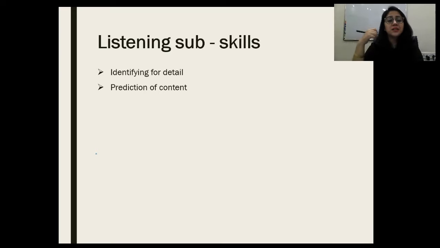By practicing many times. Listening for gist. What is gist? A gist is listening for an overall idea, not something completely in detail, just like how you would form an overall idea about something, but you wouldn't know each and everything in detail. So that is listening for gist.